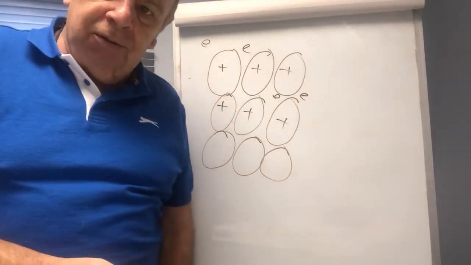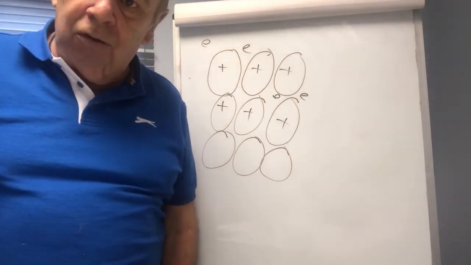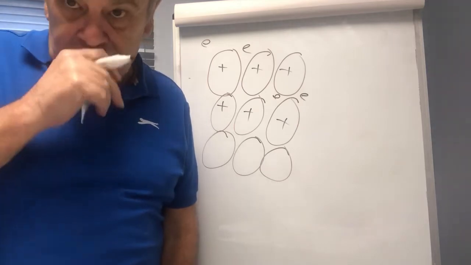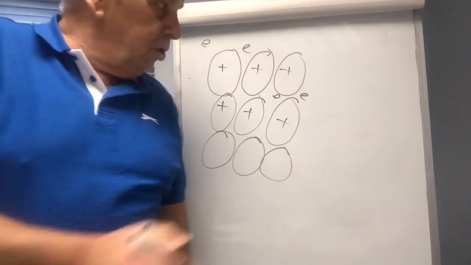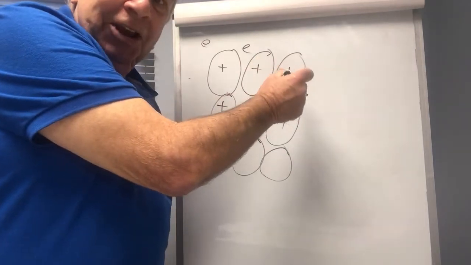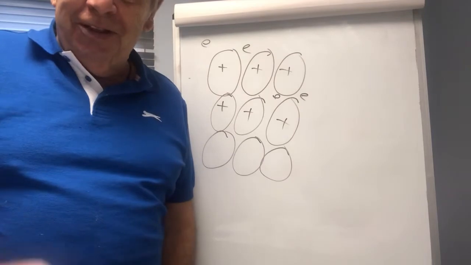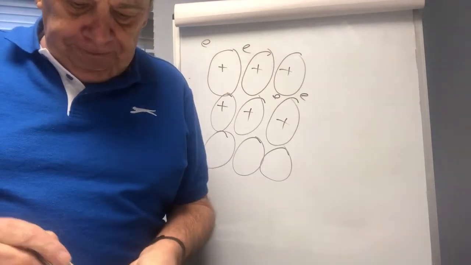These electrons are free electrons that are allowed to move, and these are called delocalized electrons. That's why metals conduct two things: electricity and heat, because they've got free electrons that can carry the energy in the form of heat and electricity.